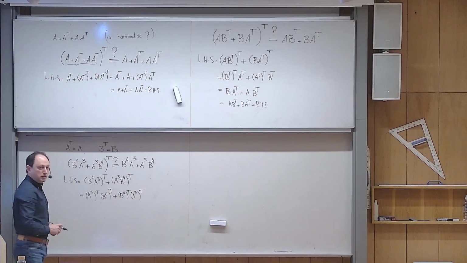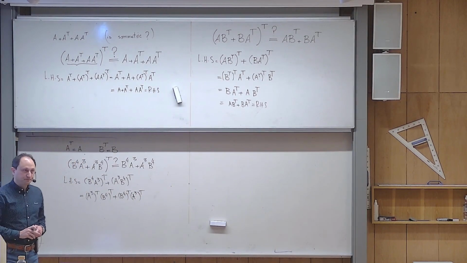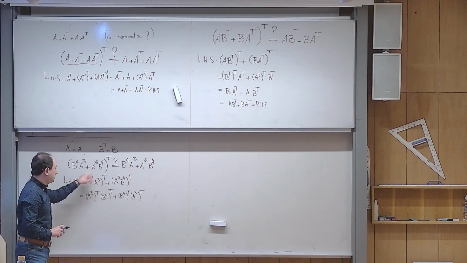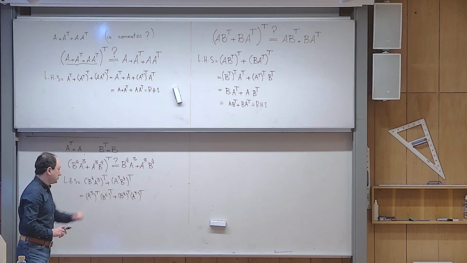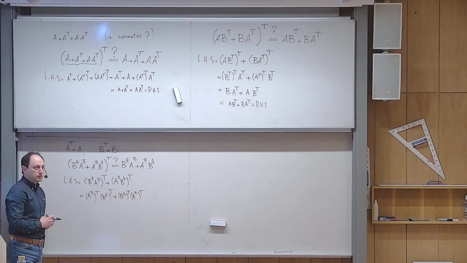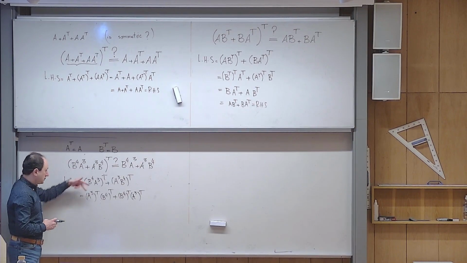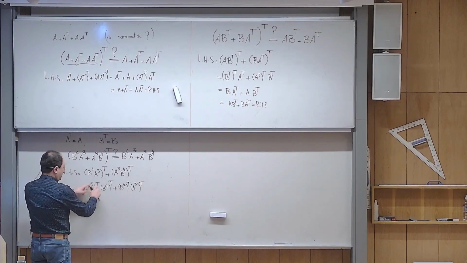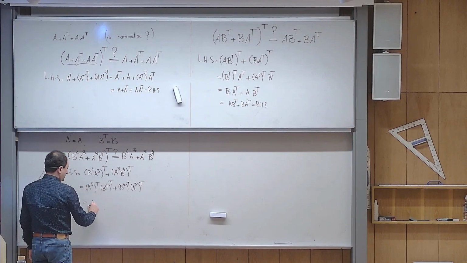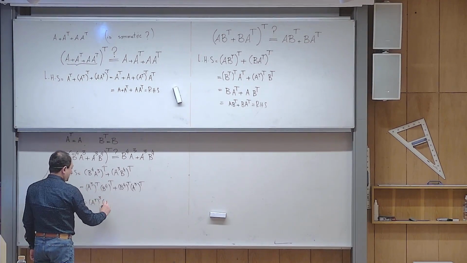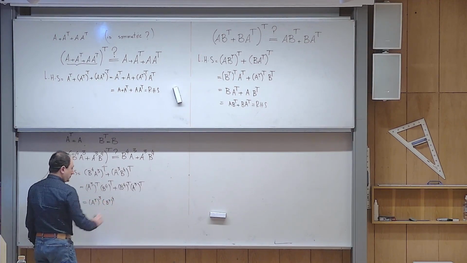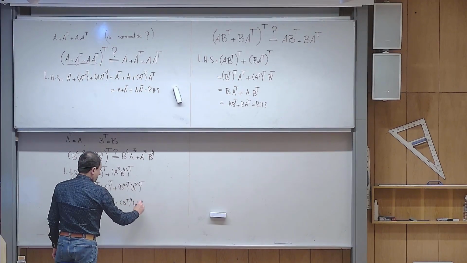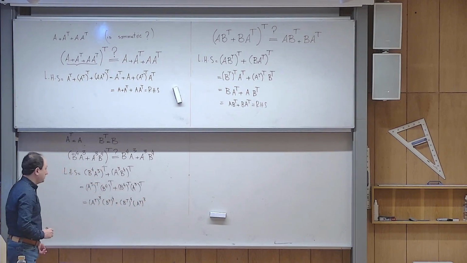But then, which rule do you think I will use now? Here I use the rule for addition, and then I use the rule for multiplication. And what am I supposed to do now, you think? Yes, the power. So it means that I interchange them. I hope that you remember that I can interchange the power and transpose, so it becomes A transpose to the power of 3, B transpose to the power of 4, and then similarly here. Okay, but how can I continue?